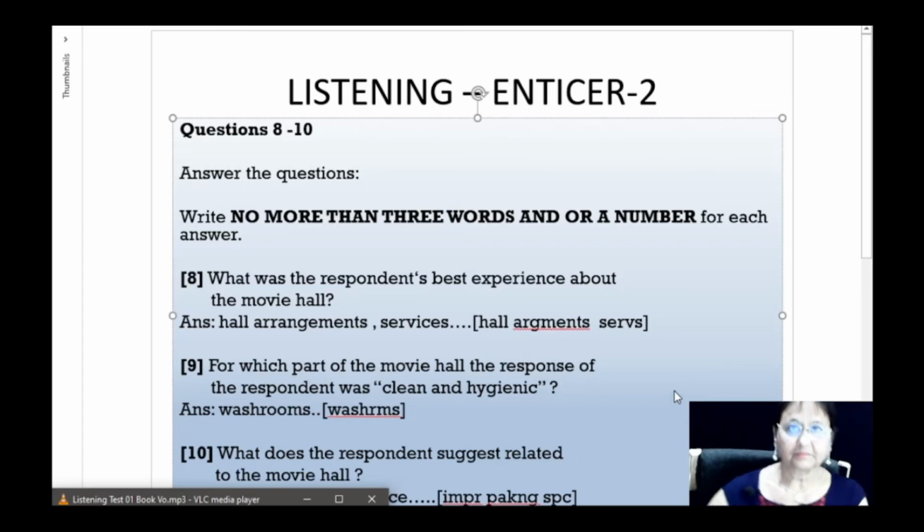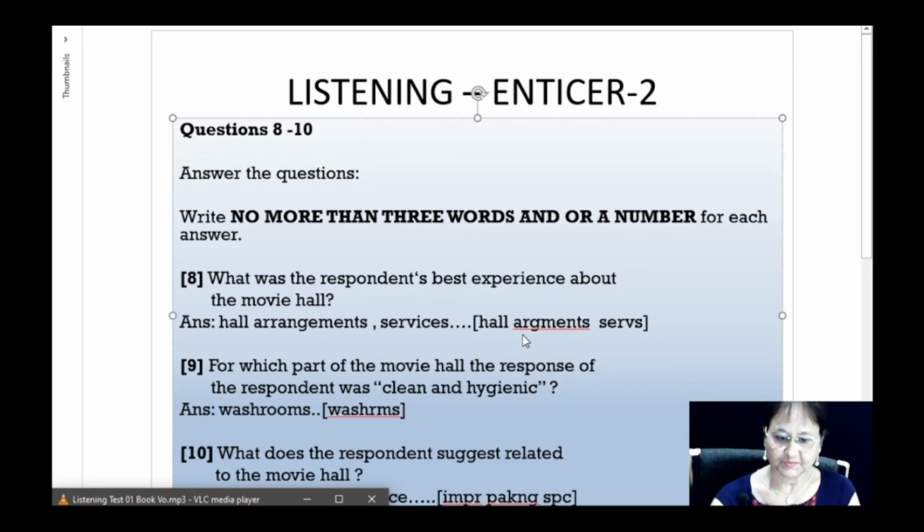Answer questions 8 to 10. Fine. Okay, the next part of the questionnaire concerns your opinion. In general, which part of the movie hall have you had the best experience? That's easy. I like the whole arrangement and services also. Oh, that's amazing, isn't it? They have big, comfortable seats to enjoy the movie for 2 to 3 hours. They do, but I consider it good because the employees are very polite.